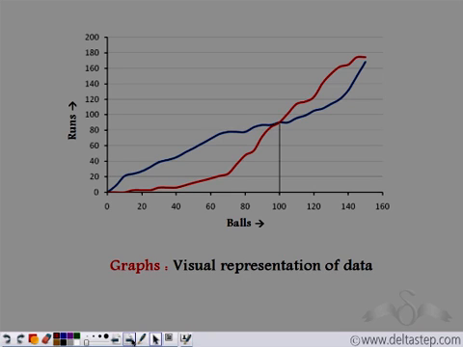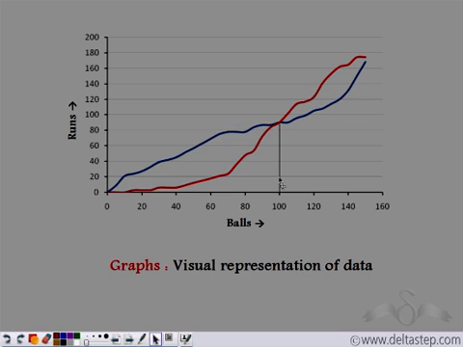It contains a lot of information. This graph tells us that till this point, that is till the 100th ball, the red team was lagging behind the blue team. But after that, the red team took the lead and in the end, it finally won.